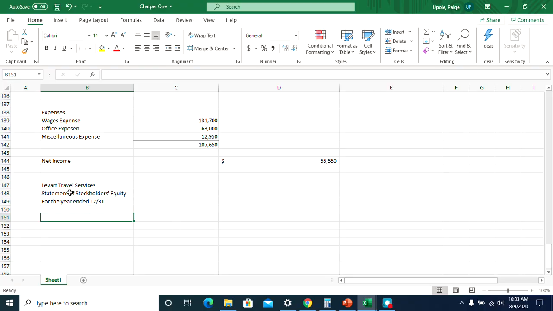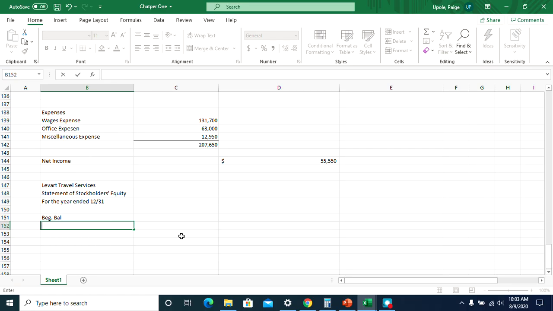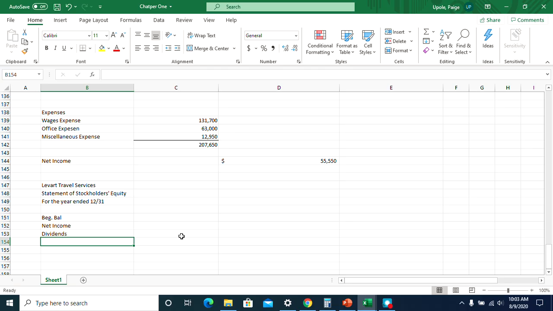So remember, our stockholders' equity starts with our beginning balance, and then we add any net income. We deduct any dividends, and we get an ending balance.